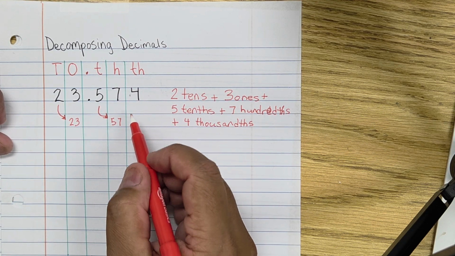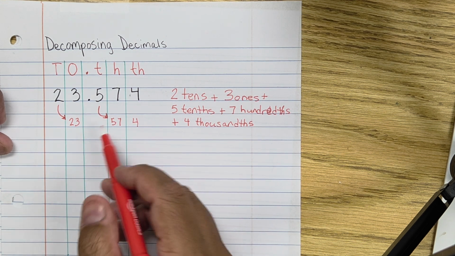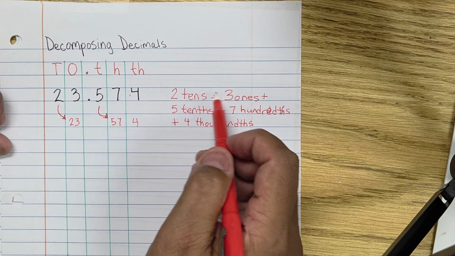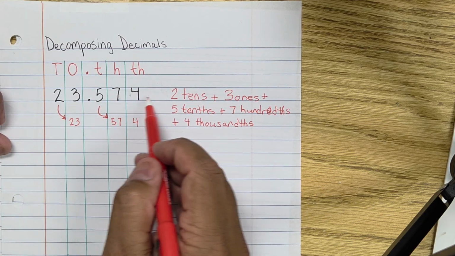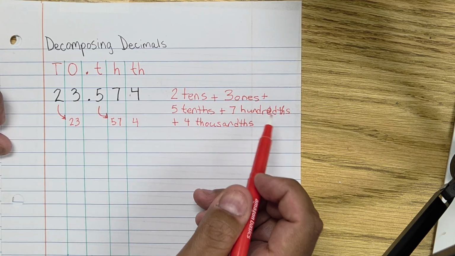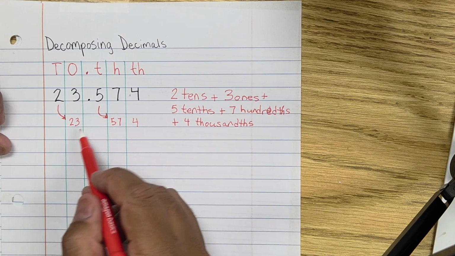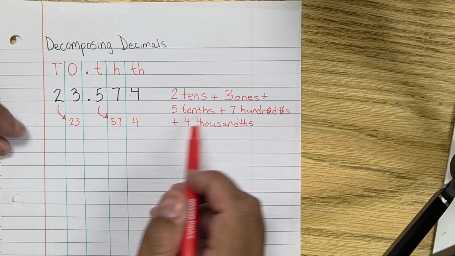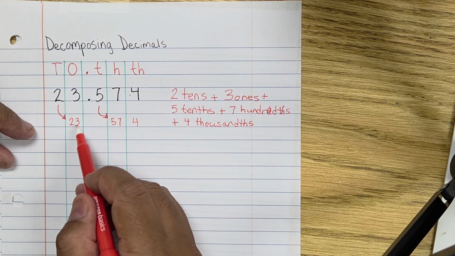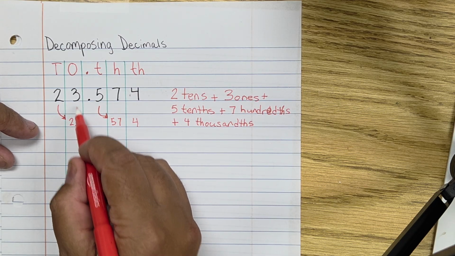We didn't do anything with the 4, so I'll just go ahead and bring this 4 right down here. And now, the same way that I wrote my original number here, 2 tens, 3 ones, 5 tenths, 7 hundredths, and 4 thousandths, I can write this portion out in the same way, but now reorganize the way I've done it with decomposing. So right here I have 23 ones.